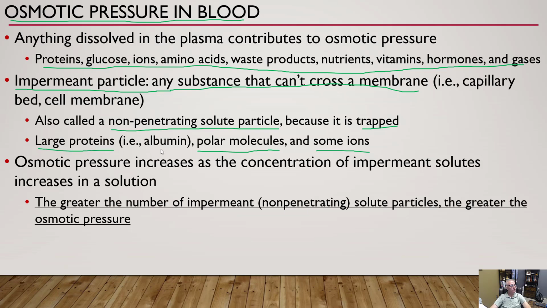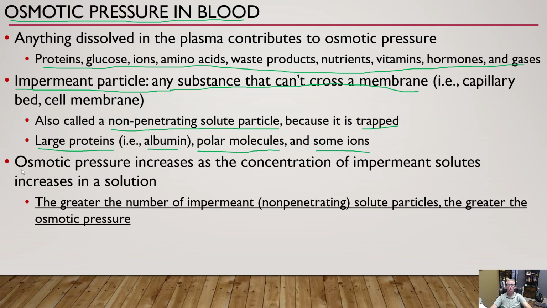So large proteins such as albumin. And again, all these things contribute to osmotic pressure. So as we have more things that are dissolved in the blood, we're going to have a greater osmotic pressure.